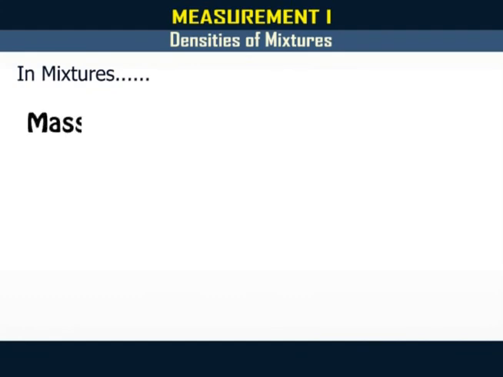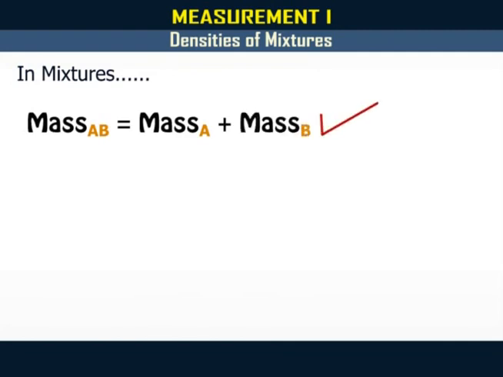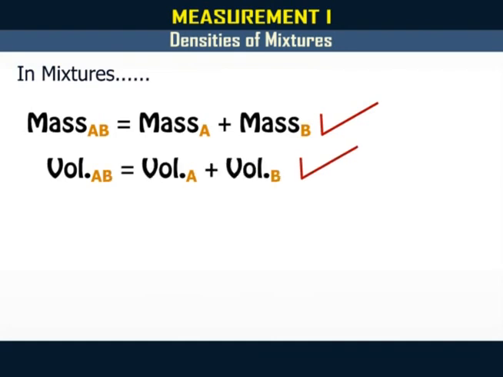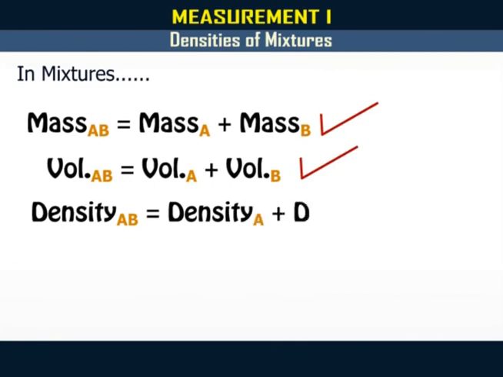The total mass of the mixture is equal to the mass of A plus the mass of B. The total volume of the mixture is equal to the volume of A plus the volume of B. And thirdly, the density of the mixture is equal to the density of A plus the density of B, right?